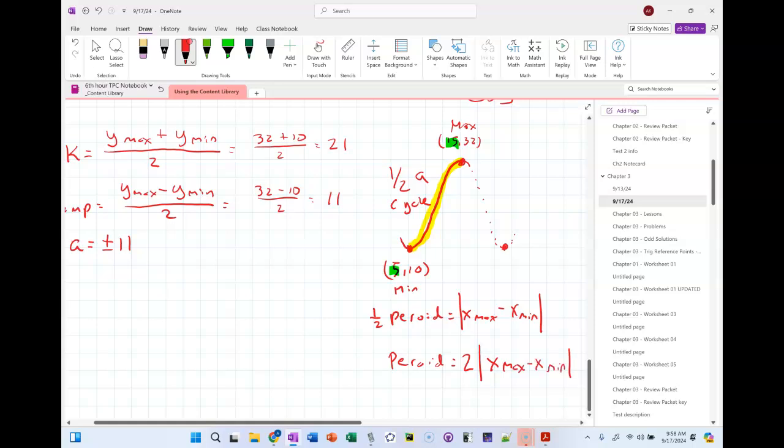So I knew that a period is 2 pi times c.